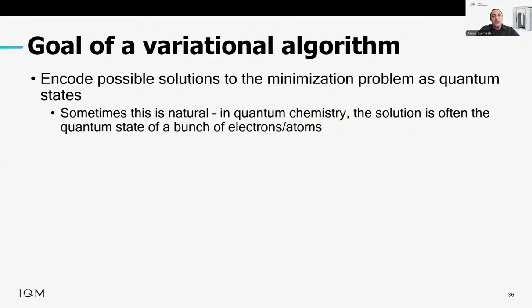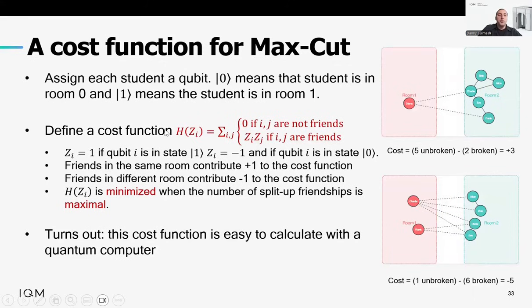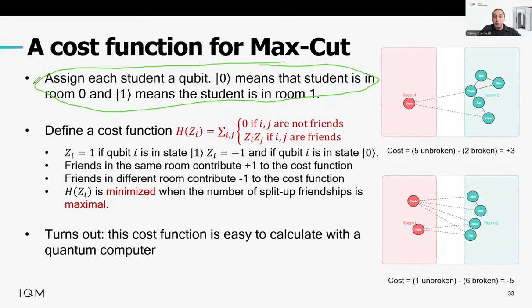We just saw a way to encode possible solutions to the max cut problem into quantum states, right? Possible solutions are assignments of students to rooms. And all we have to do is say that a student is in one quantum state if they're in room 0, and in a different quantum state if they're in room 1.